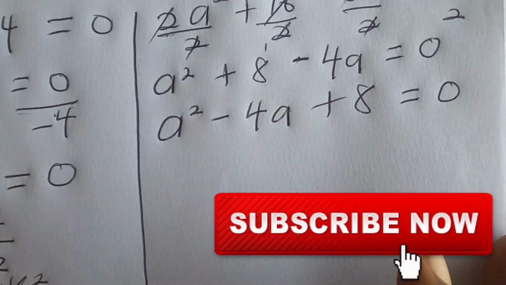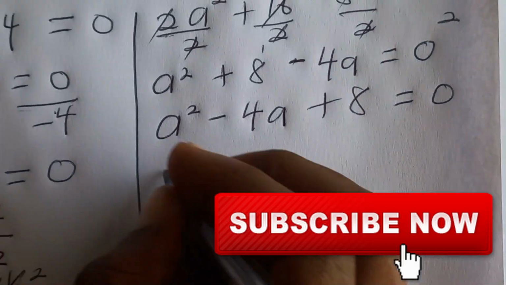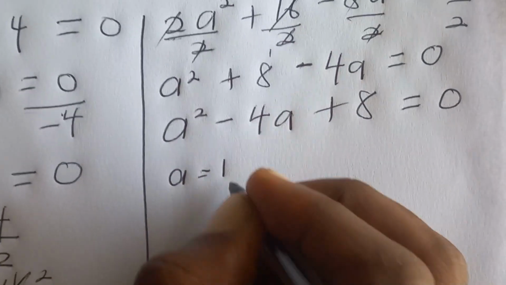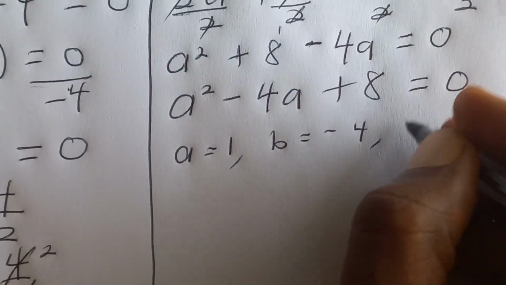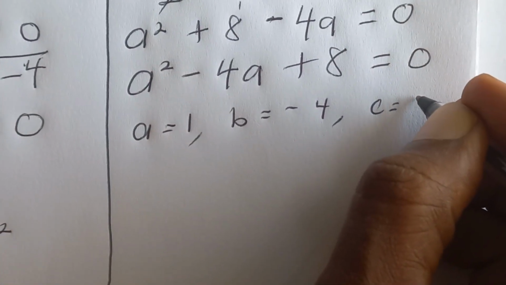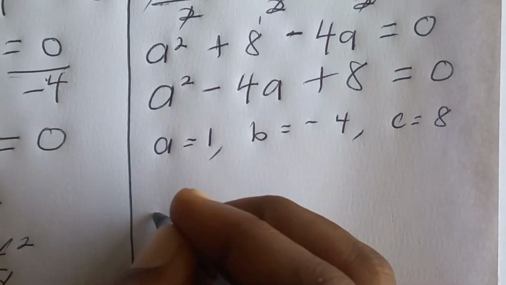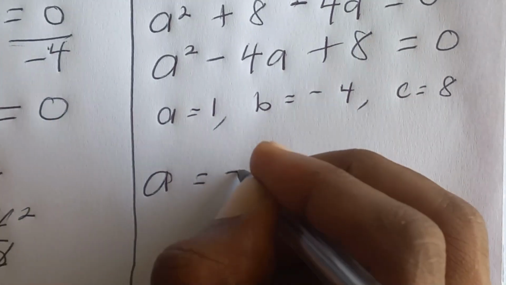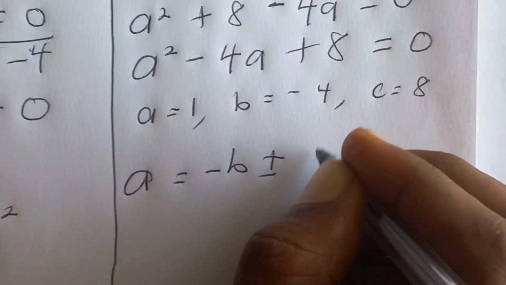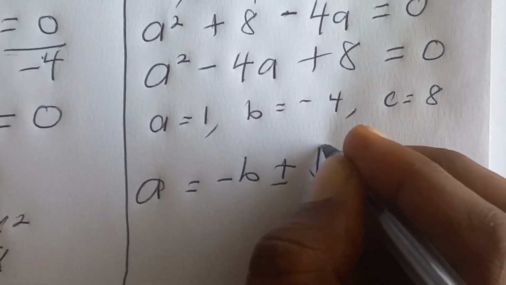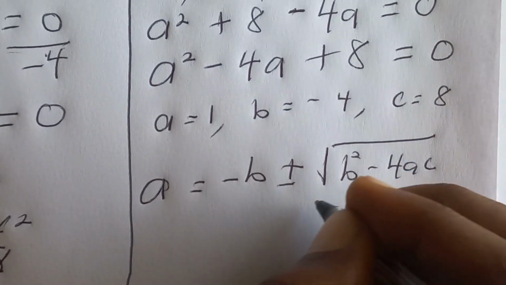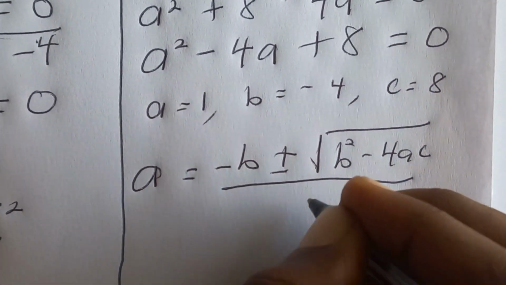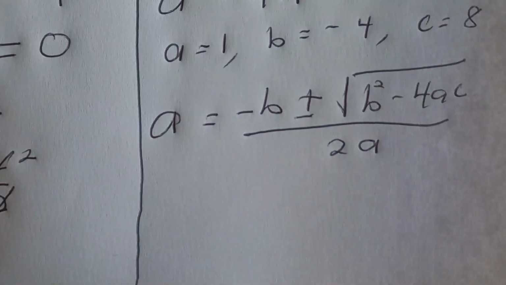Now, using the quadratic formula to solve this, we have our a is 1, b is -4, c is 8. So we have a is equal to minus b plus or minus root of b squared minus 4ac all on 2a.